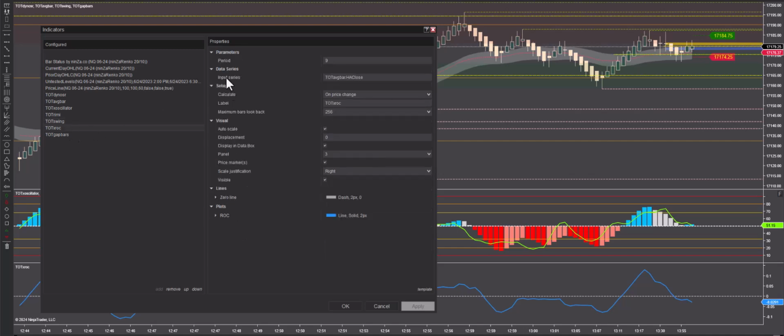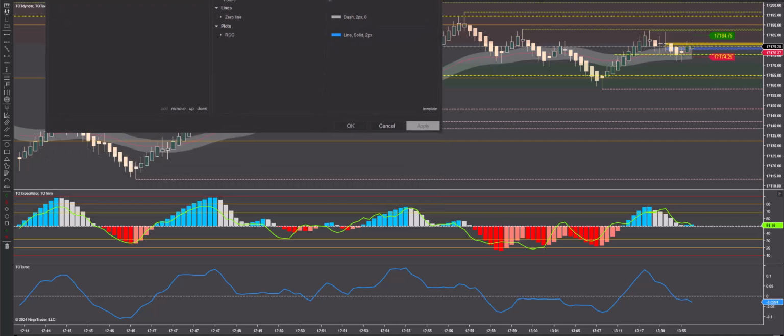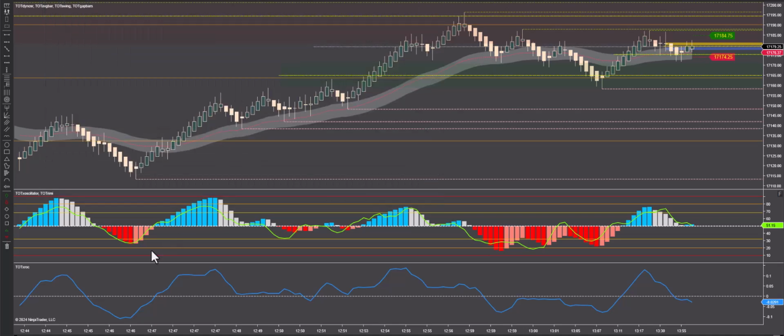Then we have our Xroc. Between this and our REMI and oscillator, I think this is where everything is really good. With the Xroc, this is taking the relative price change, the expansion and contraction of the actual price movement.